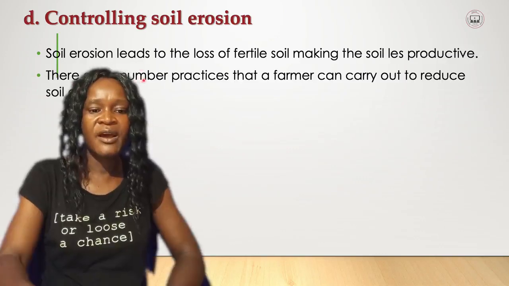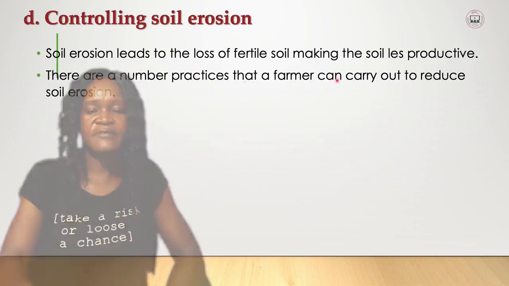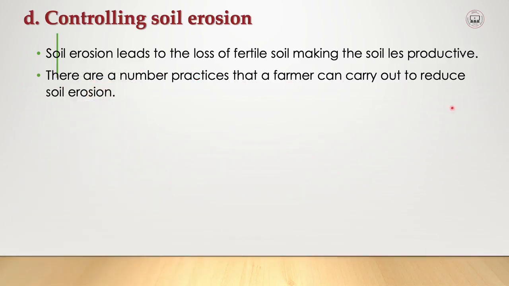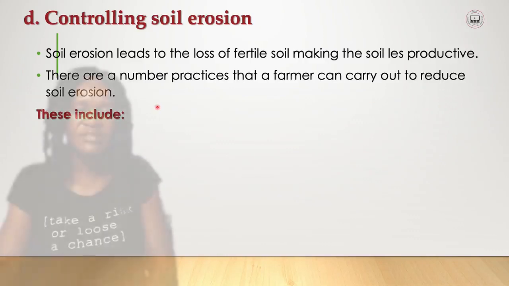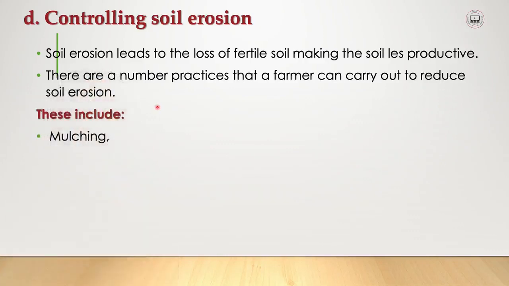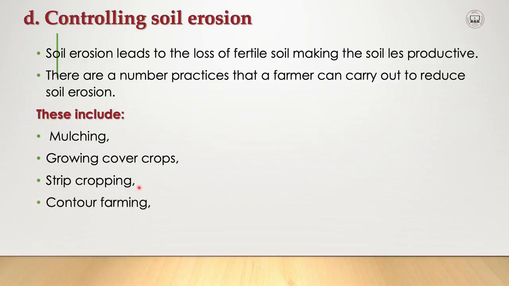So there are a number of practices that a farmer can carry out to reduce soil erosion. Some of these are mulching, which will reduce splash erosion. Growing cover crops will also reduce splash erosion. Strip cropping will also reduce soil erosion.